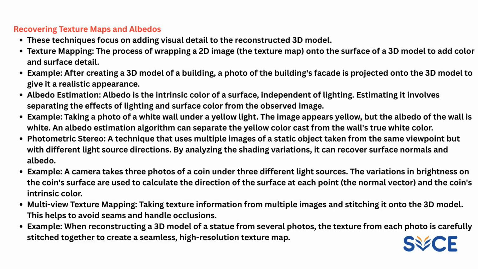Instead of one stretched texture, stitching multiple images gives higher resolution and fewer ugly seams. This is how cultural heritage projects build stunning 3D digital replicas of statues and monuments, with high detail and no gaps.